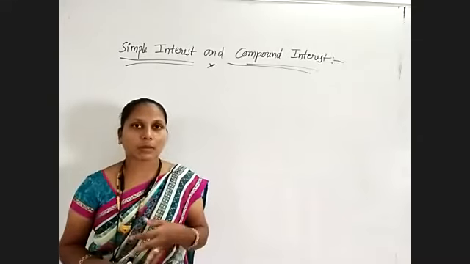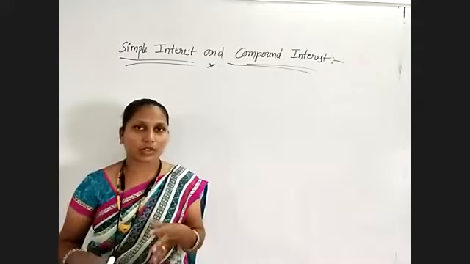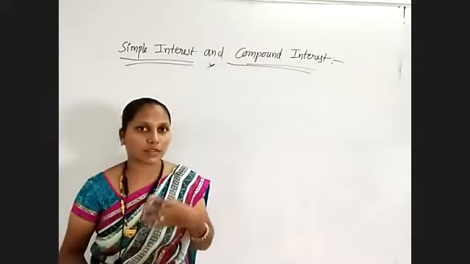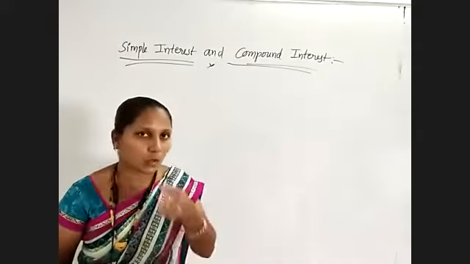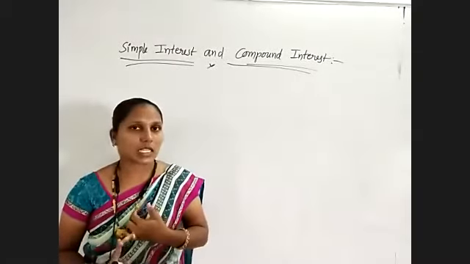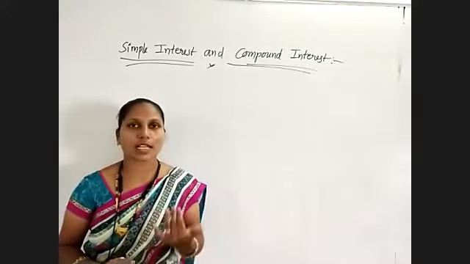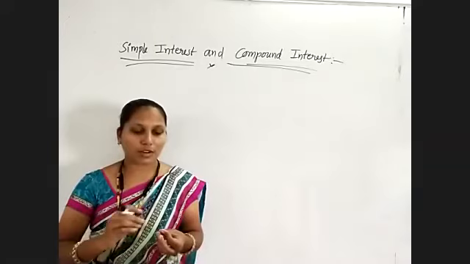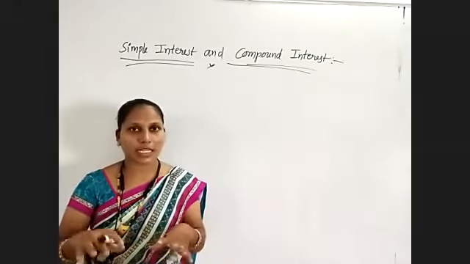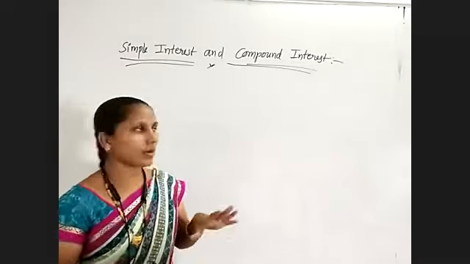And in that time, will you give the same amount to that person? No, we will add somewhat extra amount and give it to the person who gave the money to us. Yes or no? That extra money is known as interest, and whatever amount we have borrowed, that is known as principal. And after some time, the complete money will be paid to the person.